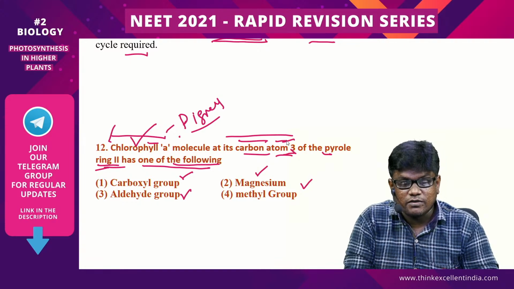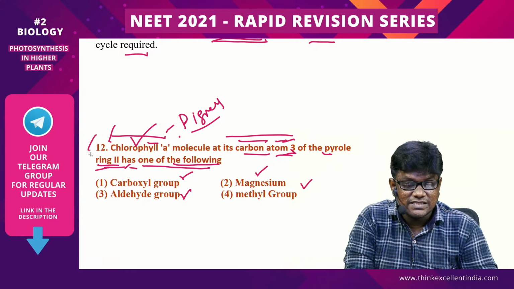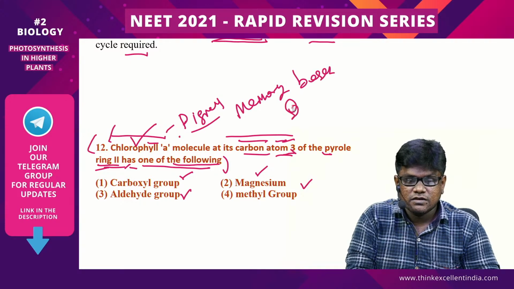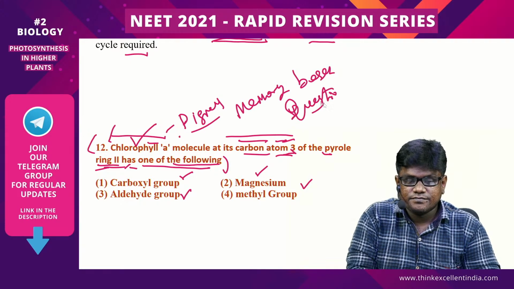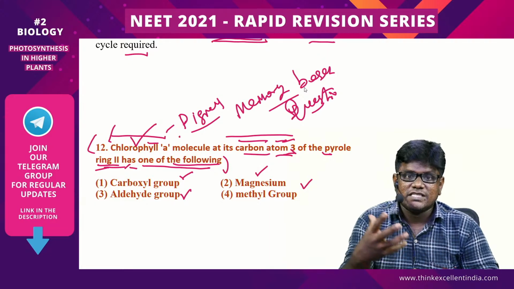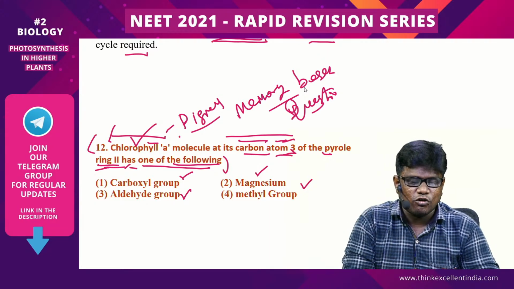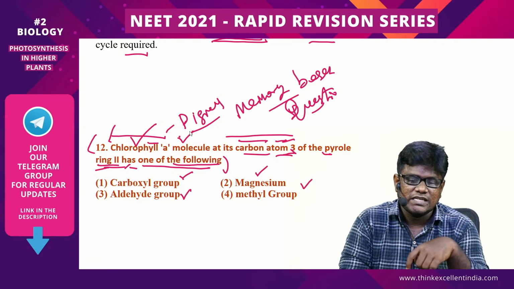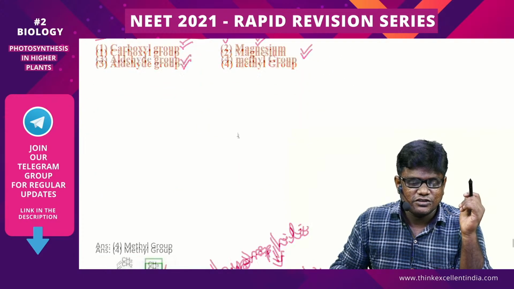This is actually a memory based question. Okay, so for the memory based questions on the structure of the chlorophyll A molecule, you have to remember it. That is how it will be easy for you.